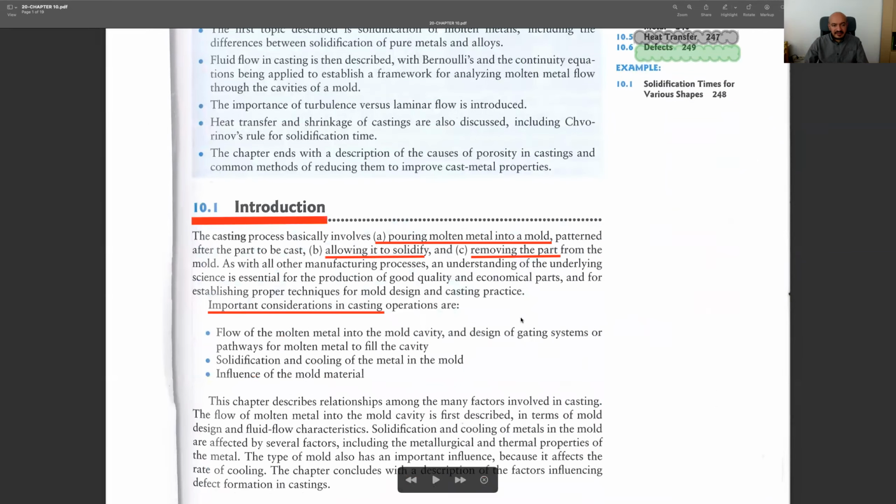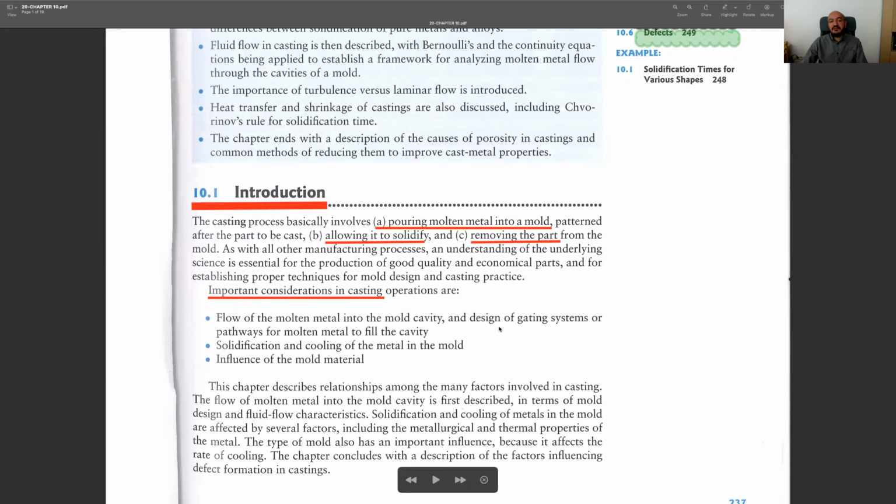So how does casting happen? First of all, we should have metal in a liquid state. Once it's liquid, we have a mold, a kind of cavity. We simply pour our molten metal into that cavity and then wait for some time so that our liquid metal will solidify, and then in the last stage we simply remove our part from the mold.